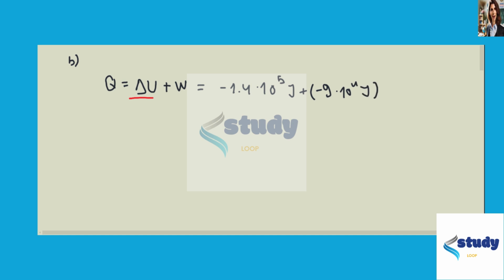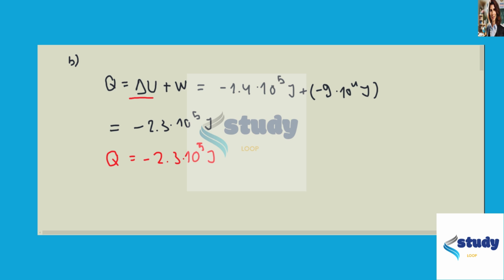Of course, we can put this into a calculator, and we will obtain the final value that it is minus 2.3 times 10 to the fifth joules. So the energy flow will be minus 2.3 times 10 to the fifth joules.